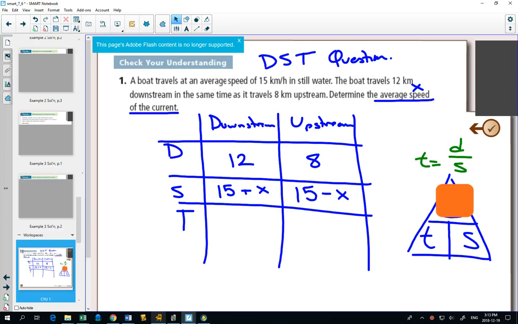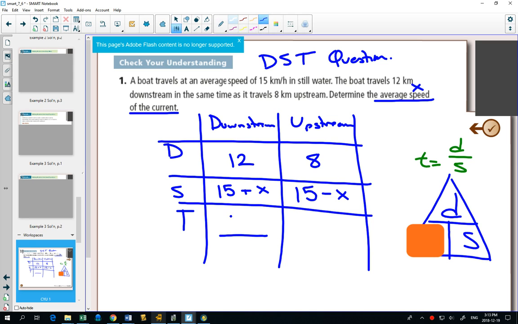So, if we want time as distance over speed, the time here will be 12 over 15 plus x. The time here will be 8 over 15 minus x. Create your chart, choose your variable, complete your chart with that variable. I mean, the steps sound easy, but it's some work to do.